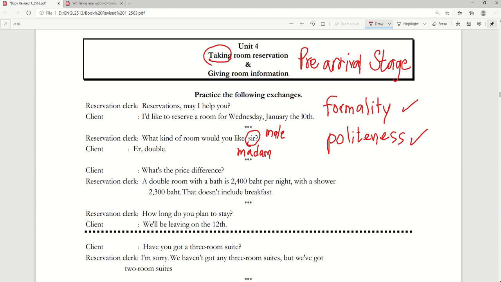Madam, for female guests. So when you talk with a male guest, you can add sir and then it becomes more polite. Then you add madam when you talk to a female guest.